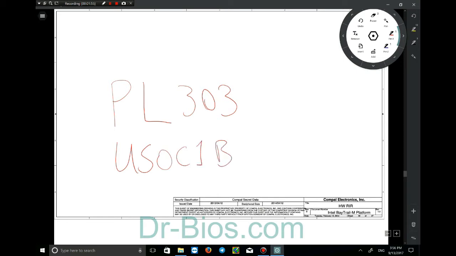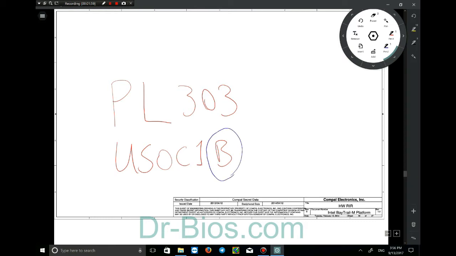Some codes include two letters in the beginning, for example, like PL, and some numbers come after that. PL 303, for example. They also have codes or letters after the numbers in the end. For example, U50C1B.